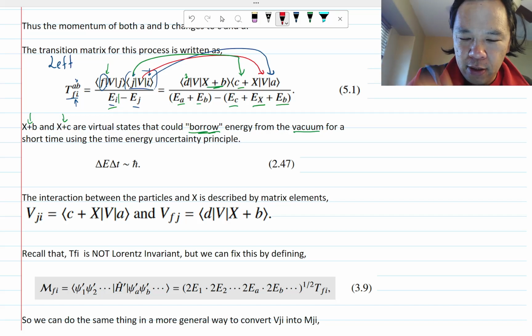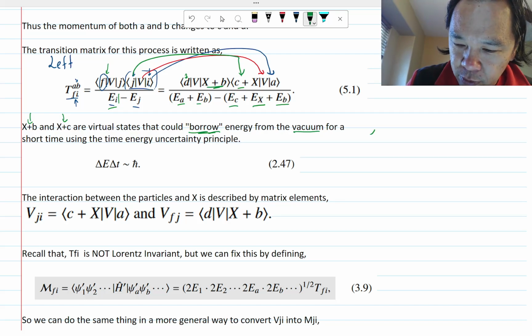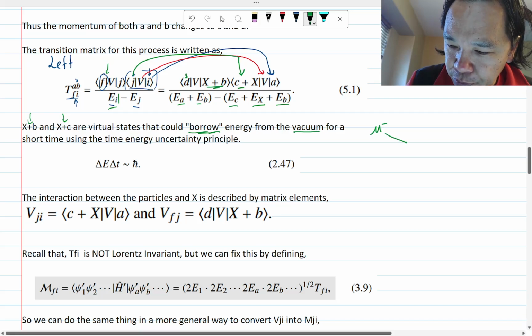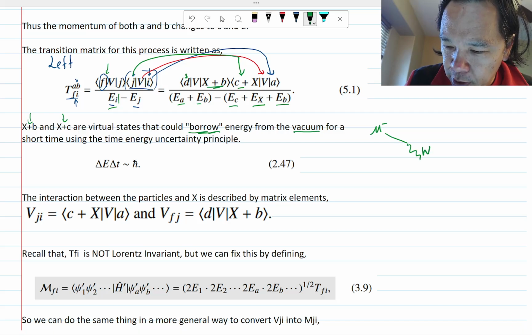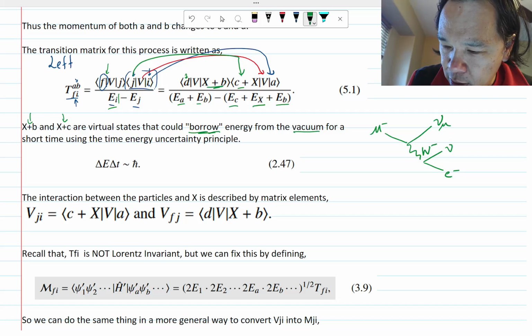This is not electrodynamic, but the weak interaction. You have a muon, and it decays through a W boson to a neutrino, and the W decays into an electron and an electron antineutrino.